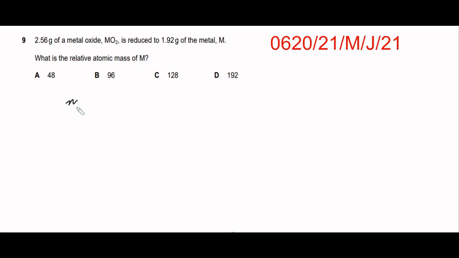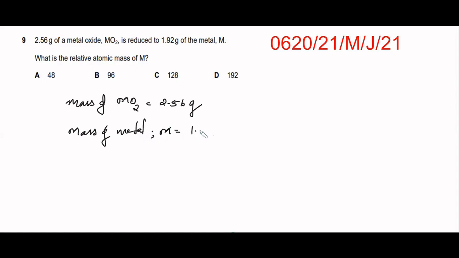So it's given that the mass of metal oxide is equal to 2.56 gram. Also, I'm provided with the mass of metal M as equal to 1.92 grams. So now, using this information, I can find out the mass of oxygen.